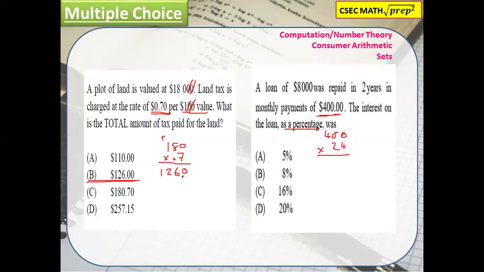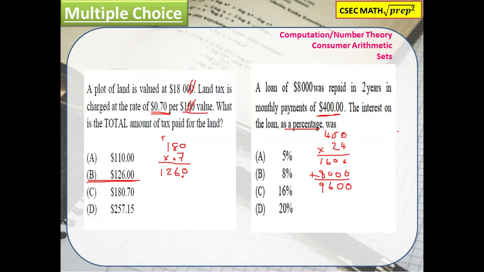And since I don't have a calculator, let me just go 4, 4, 16. And 2, 0, 0, and 2 4s is 8. When I add these, it's 0, 0, 6, 9.